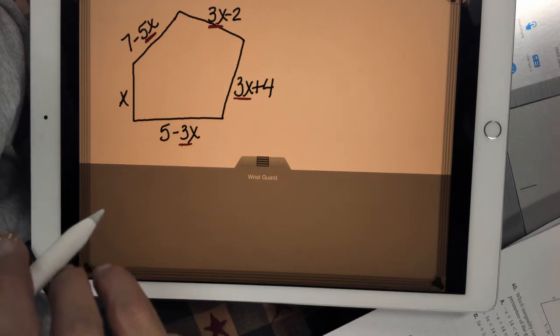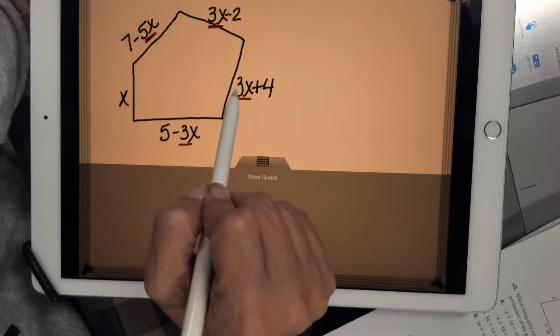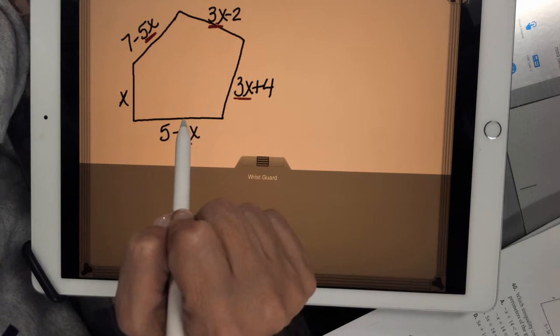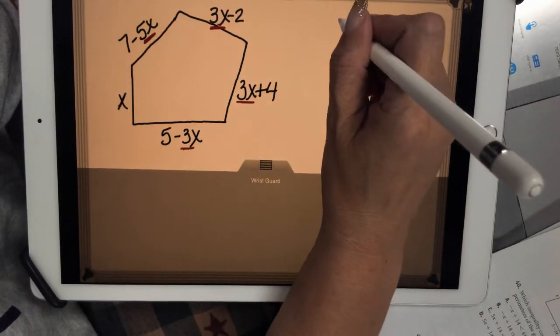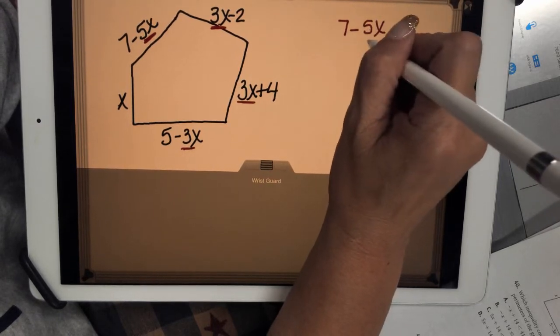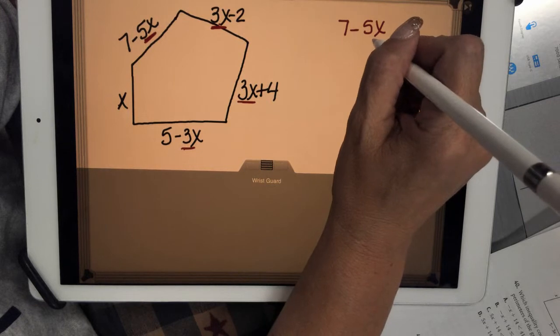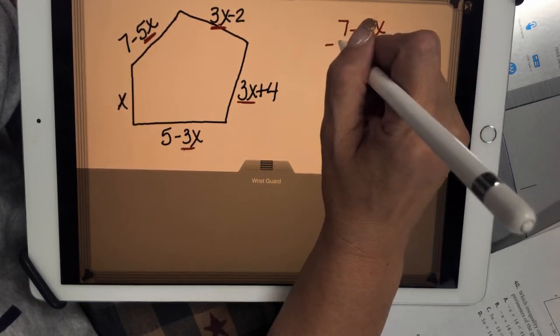Did I write everything down right? Oh, I forgot my x. Maybe let me just stack it. 7 minus 5x, 3x minus 2, positive 3x, and negative 2.